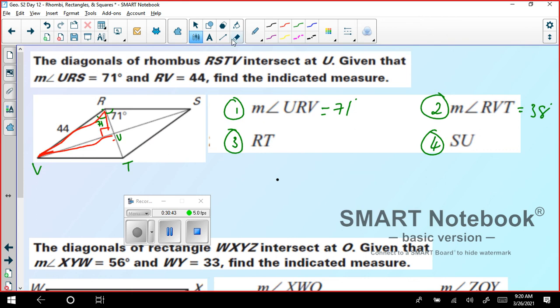Stylus is still not up to the mark, but observe the triangle RUT, and this is going to be 90 degrees. If this is 90 degrees, we can apply our trig rules. So with respect to 71 degrees, this is my hypotenuse and this RU is adjacent.